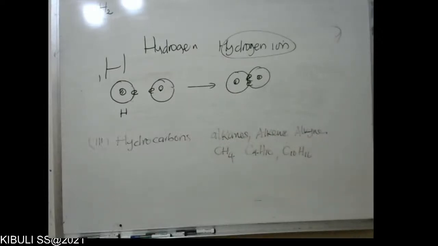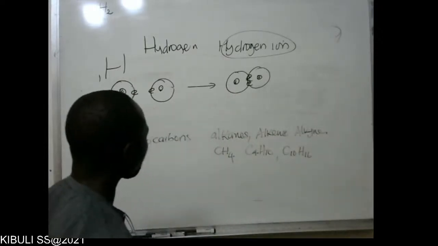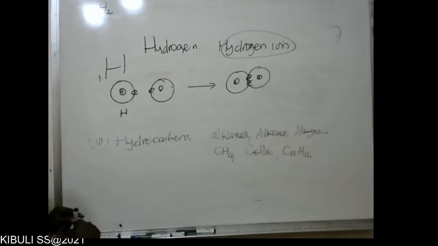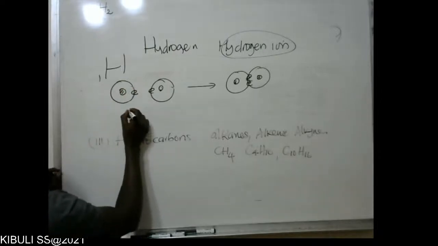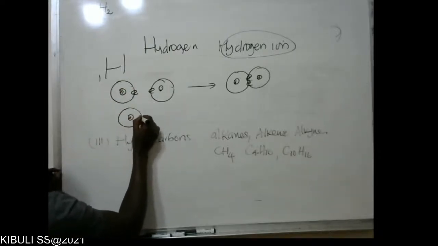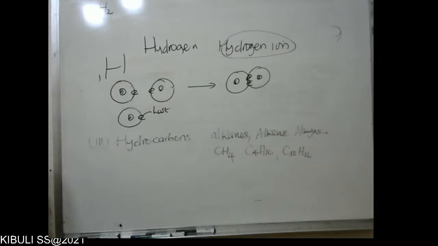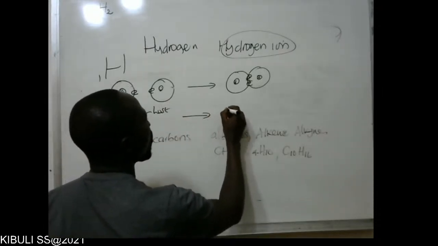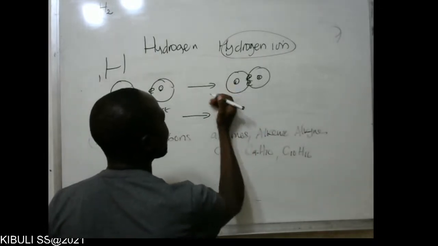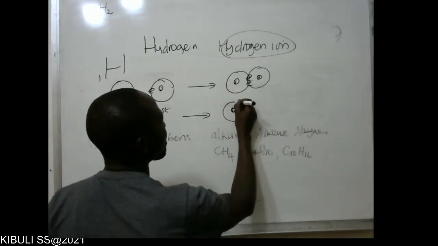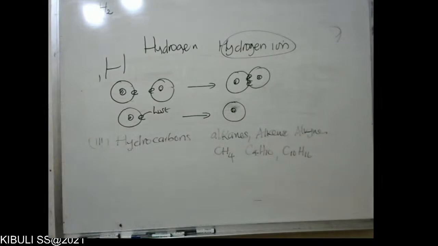Electrons. Now when you look at a hydrogen ion, this is a hydrogen ion. A hydrogen ion comes from a hydrogen atom when this electron is lost or given out. And therefore, what do we end up with? We end up with the hydrogen ion where there is a nucleus and the energy level has no electron in it.